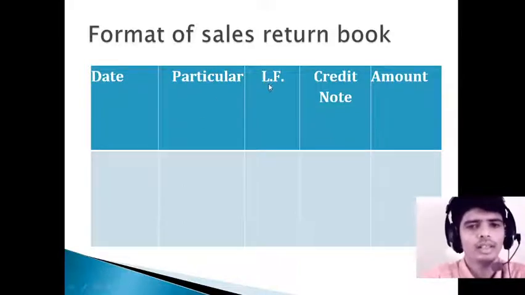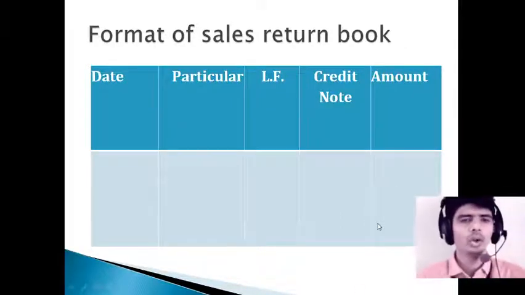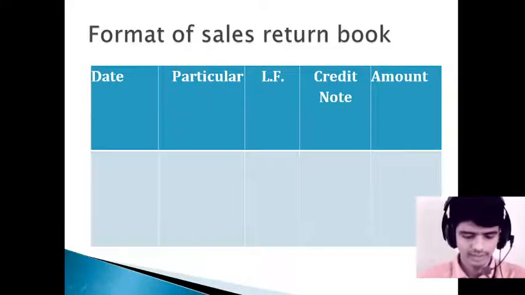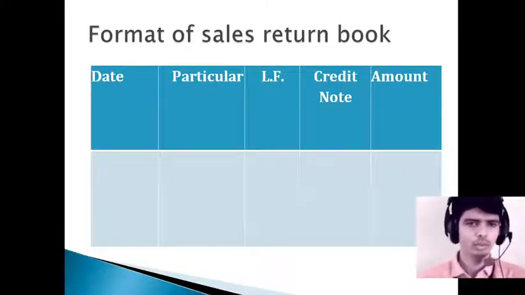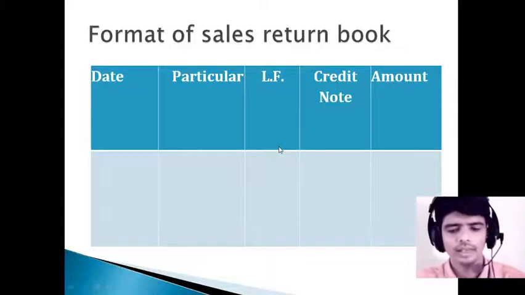Then LF, ledger folio, credit note from the point of the seller, and the amount. This is a simple format of a sales return book. Hope you are clear with the sales return book and the purchase return book. So just have a bird's eye view once again.